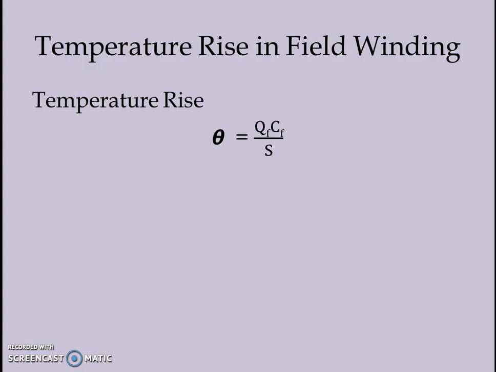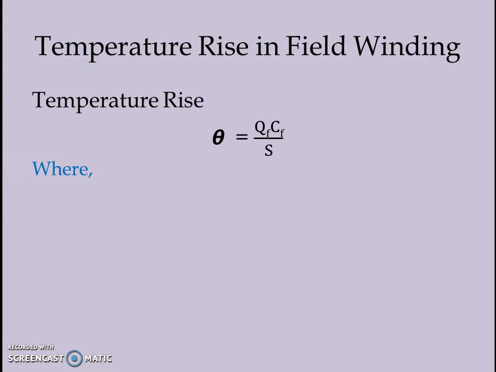Second, if we increase the depth of the field winding, then the heat dissipating surface will also increase, and if the heat dissipating surface increases, the temperature rise will be less. So to adjust or check the temperature rise, we have to adjust our depth of the field winding.